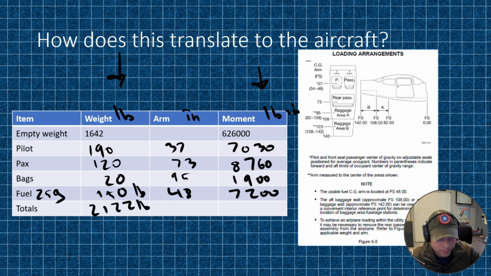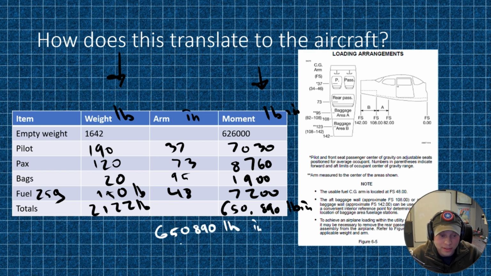And our moment, 626,000 plus 7030 plus 8760 plus 1,900 plus 7,200 comes out to a total moment of 650,890 pound inches. Now, again, we're going to take that moment. I'm going to switch back to white here. 650,890 pound inches divided by our total weight, which is 2,122 pounds.